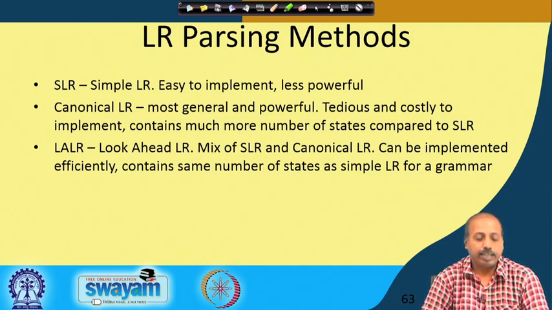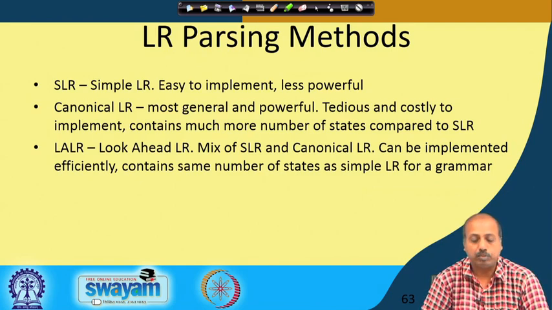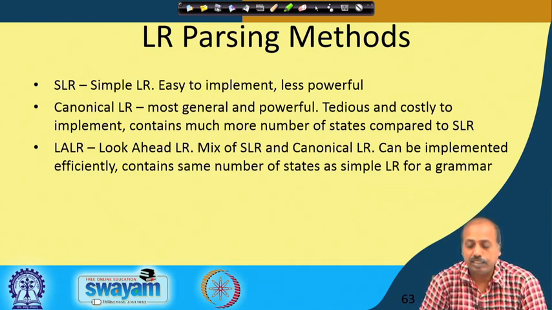Then we have canonical LR, which is the most general and powerful. For whatever language you can construct a shift reduce parser, you can construct a canonical LR parser for that. However, the difficulty is it is tedious.